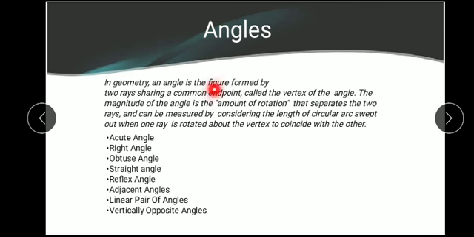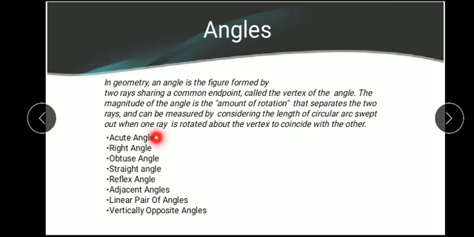When two rays join at a common point, an endpoint, which is called the vertex, then an angle is formed. The magnitude of the angle is the amount of rotation that separates the two rays. So the angle rotation is called the magnitude.